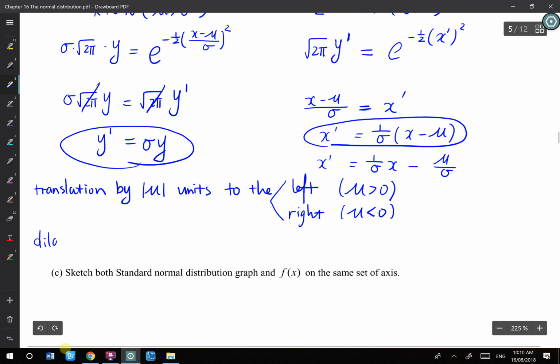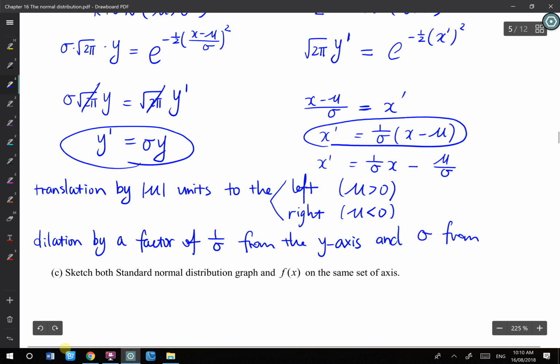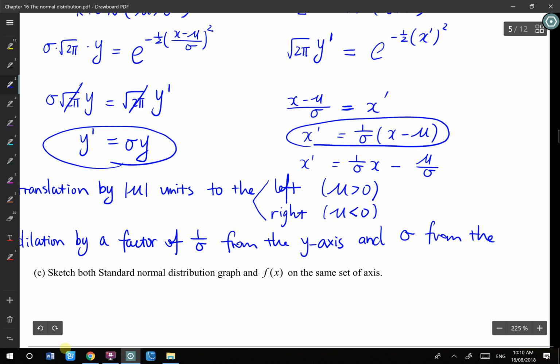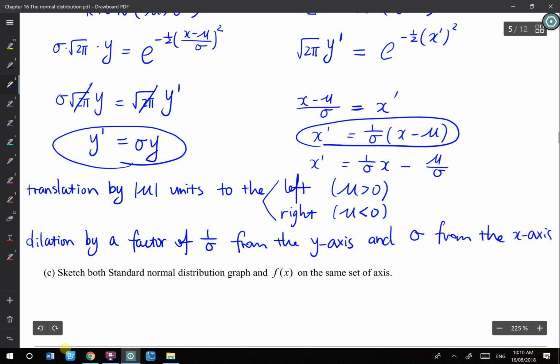Then we can say there's a dilation by a factor of 1 over sigma from the y-axis and sigma from the x-axis. So 1 over sigma is applied to x, so it's from the y-axis, and then sigma from the x-axis.